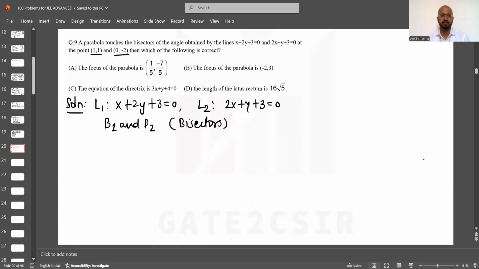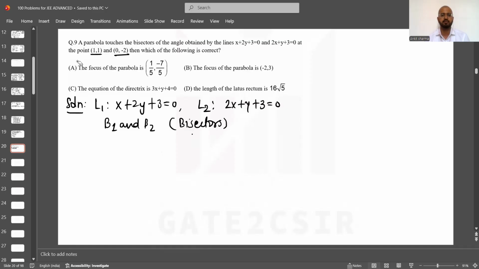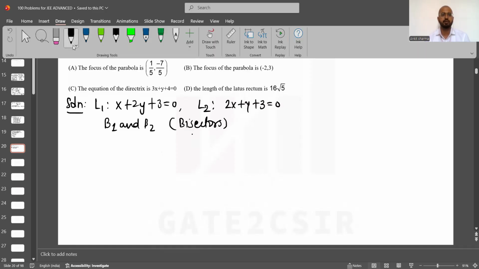All right, let's go and find the bisectors first. But ultimately, since we have to find both the bisectors, there is no point of acute and obtuse. We'll directly go ahead to find out the bisectors.